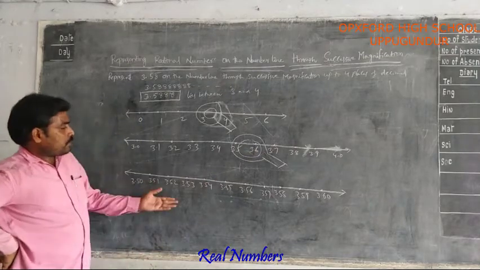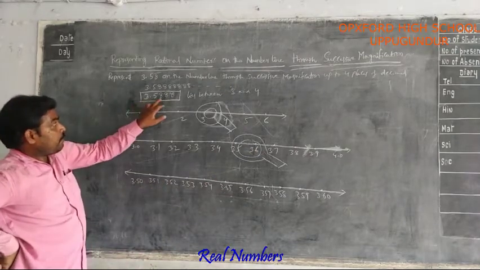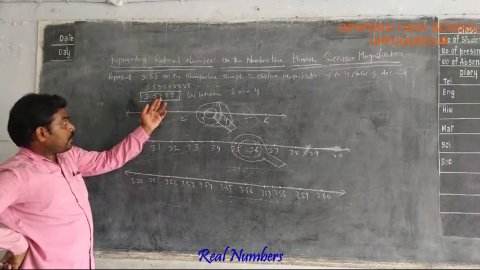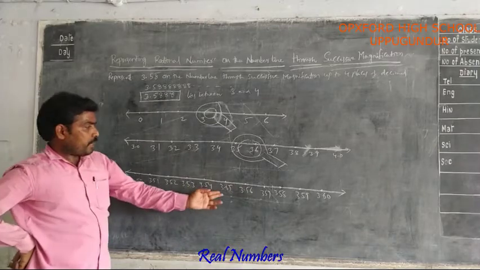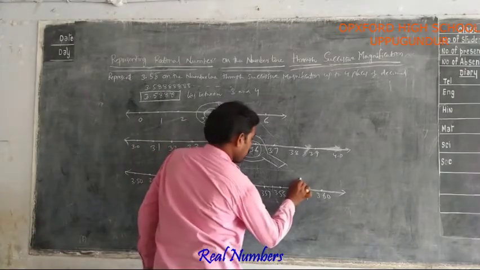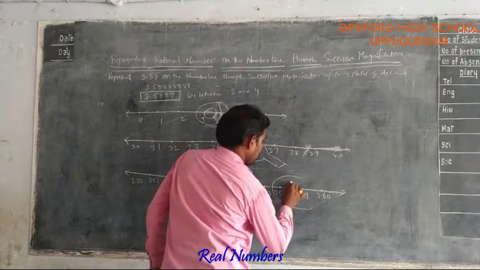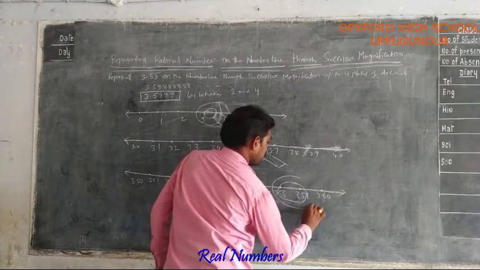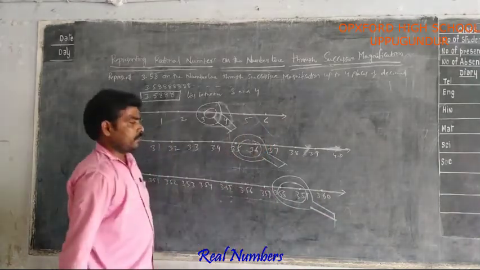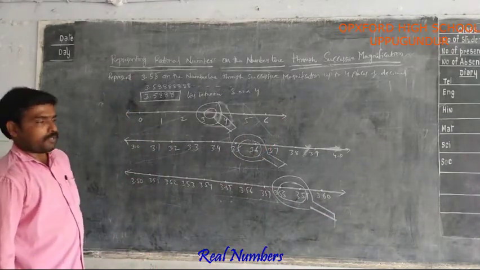Now when you observe these numbers, here 3.5888 lies between 3.58 and 3.59.